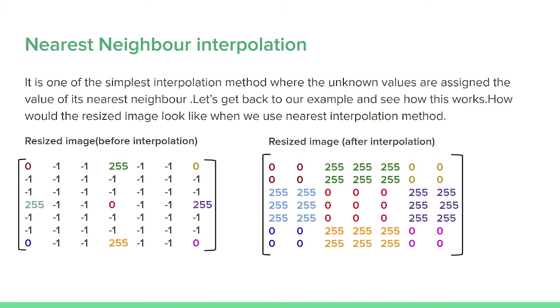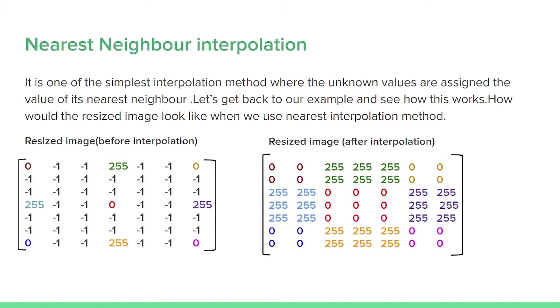Now let us have a look at a few interpolation methods. Nearest neighbor interpolation. This is the simplest interpolation method, where we go to every new pixel position and check its nearest neighbor, and whatever the value of that nearest neighbor is, we allot this new pixel the same value.